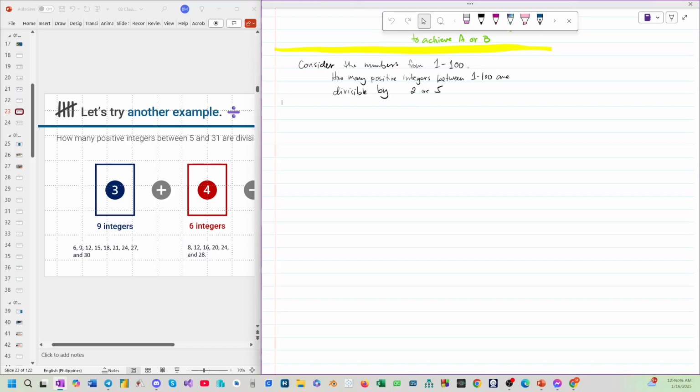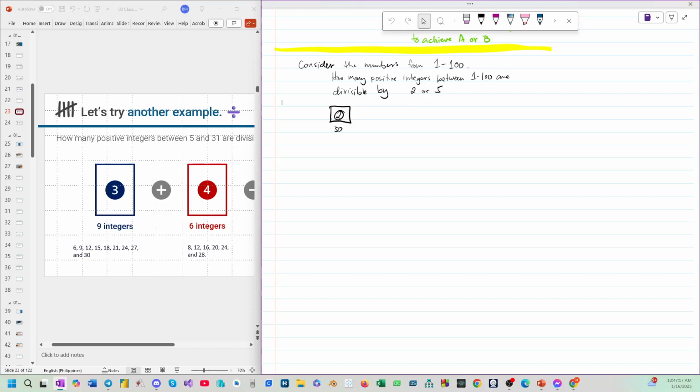Okay, so what we're going to do is first consider 1 to 100 and count how many numbers are divisible by 2. So we have all of the even numbers, or all of the multiples of 2 from 1 to 100, which is how many? 50. Correct? We have 50.